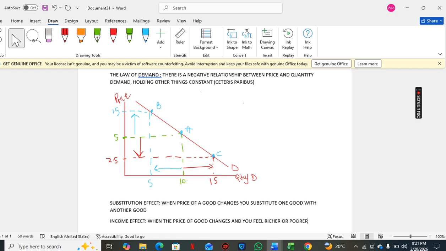Okay. Those are the two main reasons why this demand curve is downward sloping: substitution and income effect. Okay. Any questions?